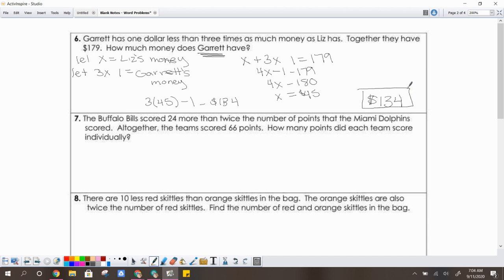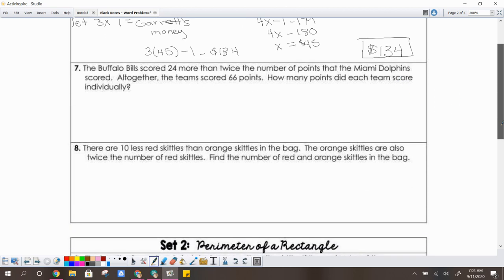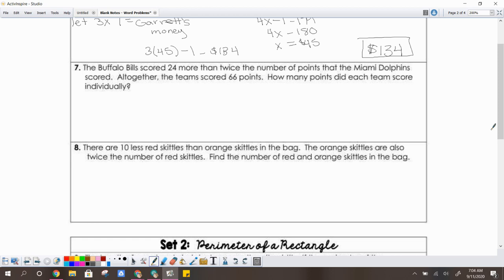All right, so number 7. The Buffalo Bills scored 24 more than twice the number of points that the Miami Dolphins scored. Altogether, the teams scored 66 points. How many points did each team score individually? Okay, so we're going to figure out how much the Dolphins score is and how much the Buffalo Bills score is. So it says the Buffalo Bills scored 24 more than twice the number of points that the Dolphins did. So the Dolphins' points are the lower one.